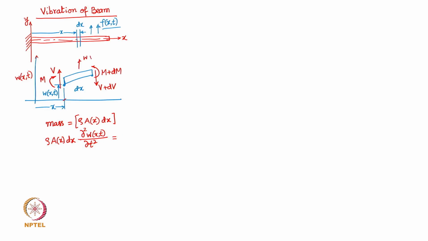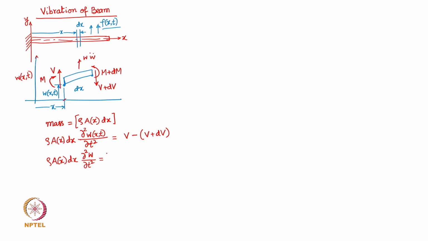So w and w double dot are along the y-axis, and the net vertical force in that direction would be obviously V minus the other shear force, which is going to be V plus dV. Okay, so with this what we can write is rho A(x) dx times the second partial derivative of w with respect to t, and now for the sake of brevity I am just dropping x comma t.